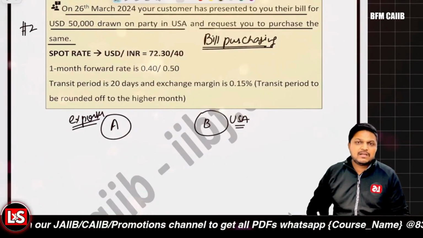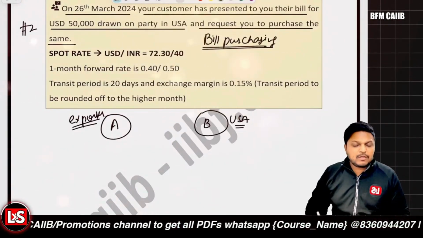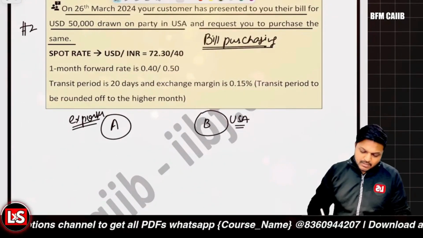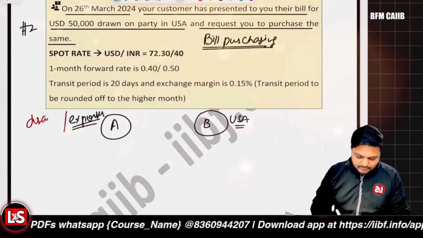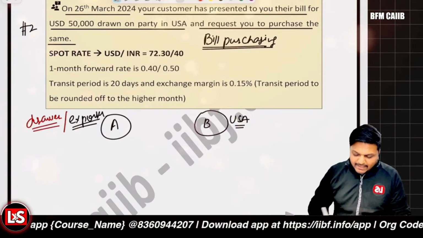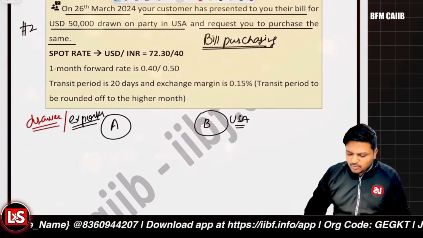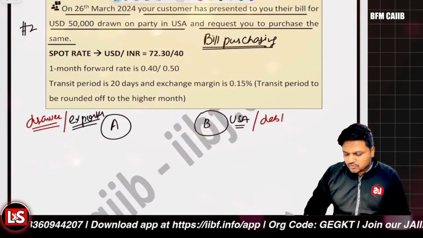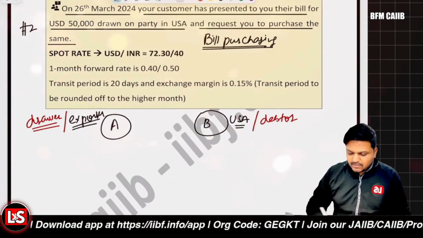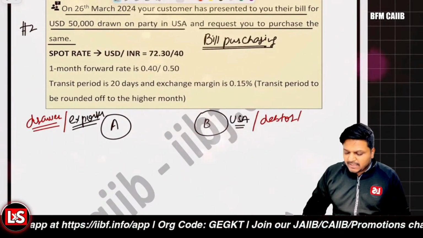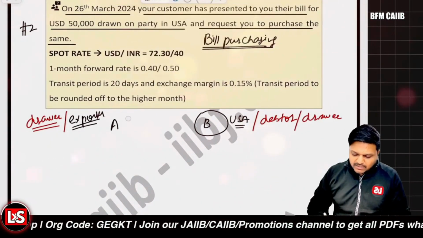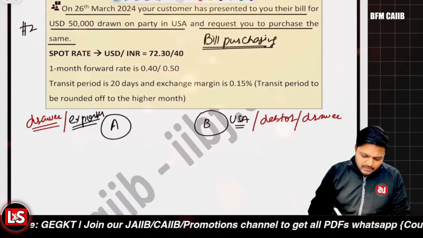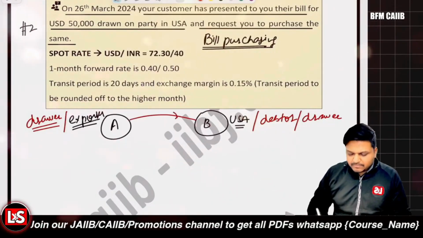So we draw a bill of exchange on person B. Person A is the drawer of the instrument, and it is drawn on person B, who is the debtor. Person B is the debtor who is to repay the money, and he is the drawee on whom the bill is drawn.